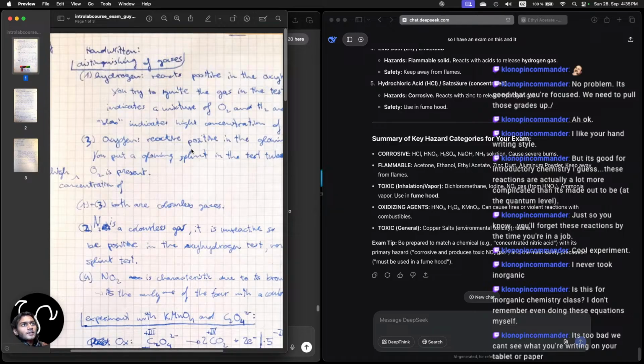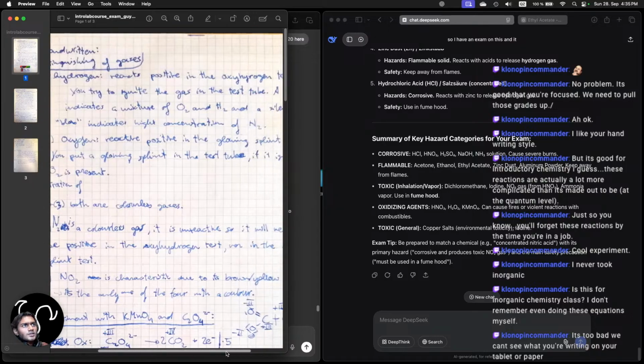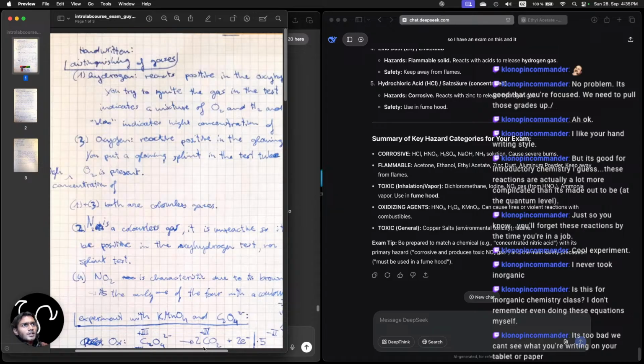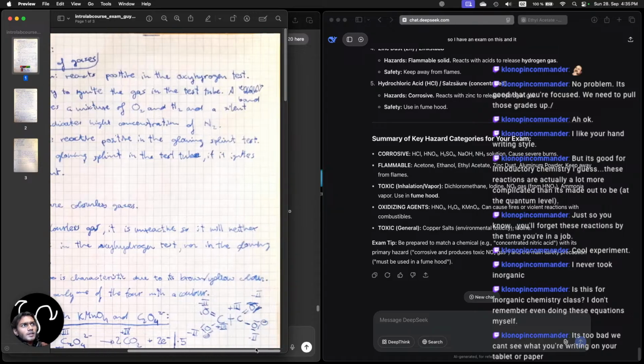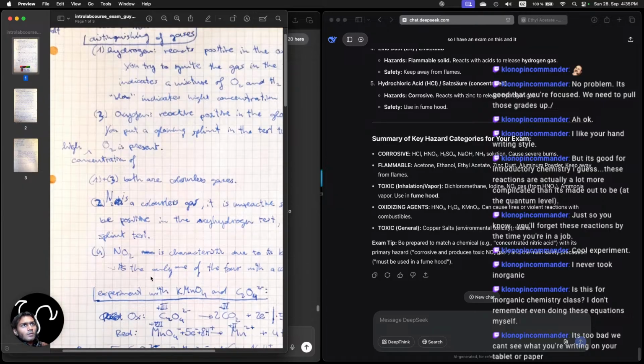Oxygen reacts positive in a glowing splint test. You put a glowing splint in a test tube, it ignites if O2 is present in higher concentration. Now 1 plus 3, both are colorless gases. Nitrogen is a colorless gas.